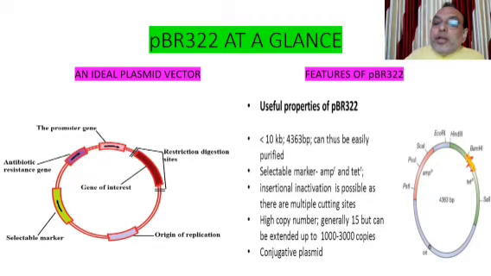So due to the integration of this DNA, what will happen? This site, which was providing tetracycline resistance, will be disrupted. Due to the disruption of this site, this transformed plasmid will not be able to impart tetracycline resistance. It could be identified only by ampicillin resistance.